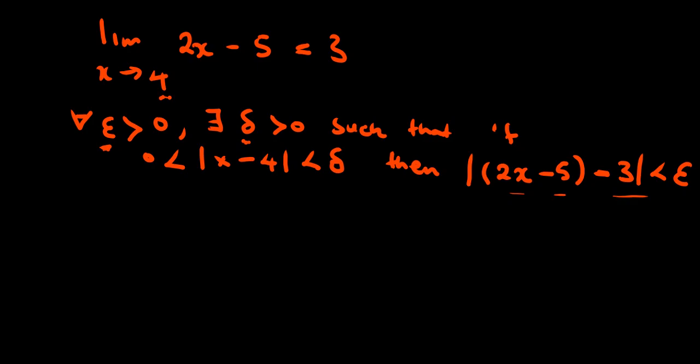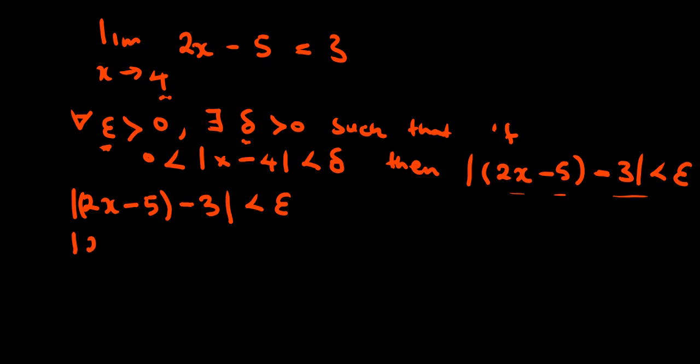So we will write modulus of 2x minus 5. I close my bracket there. Then I have 3, modulus less than epsilon. Okay, what do I do? So I can expand this.